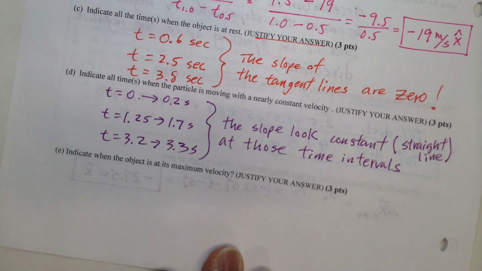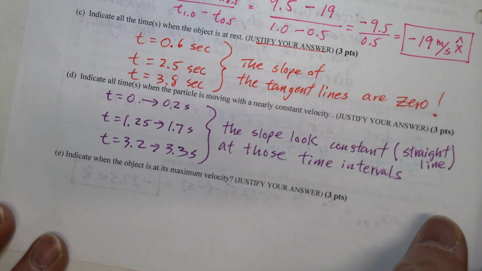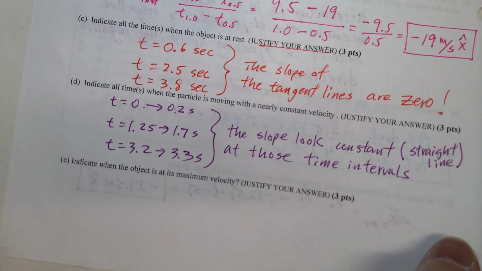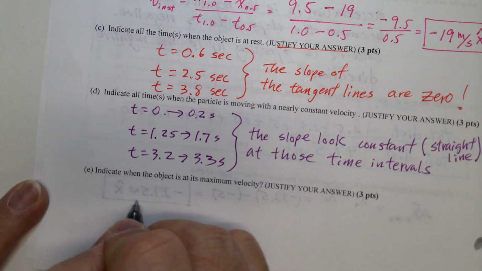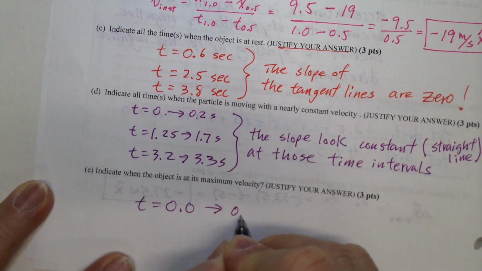And last but not least, indicate when the object is at maximum velocity. Maximum velocity looks like the steepest, and I'm going to say the steepest is when t is equal to 0 to 0.2 looks the steepest.